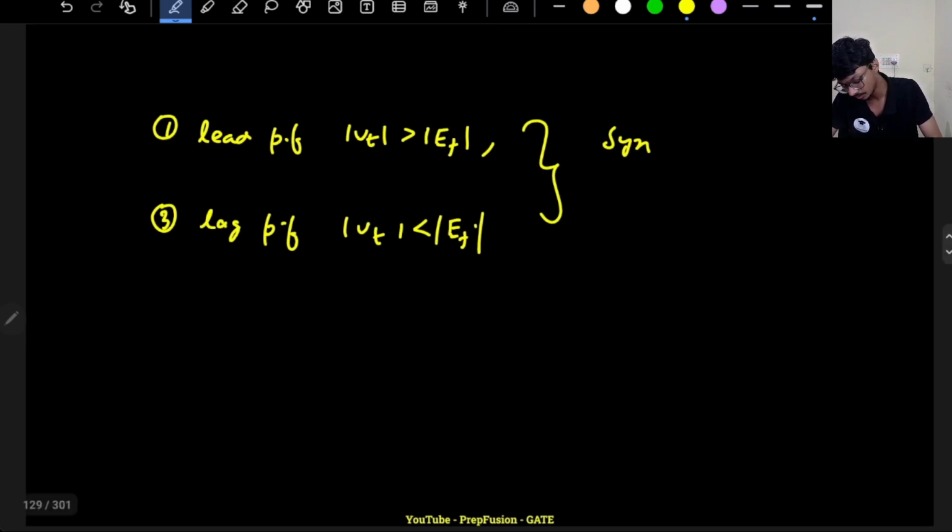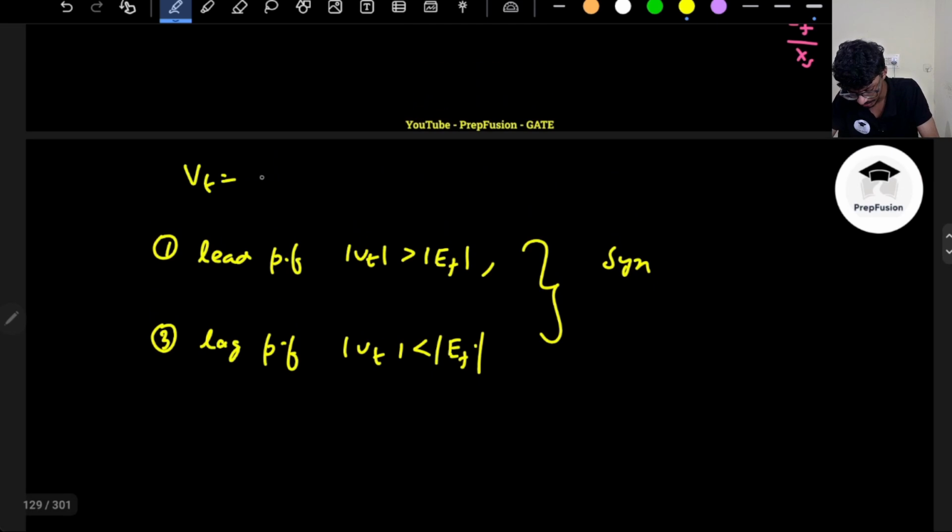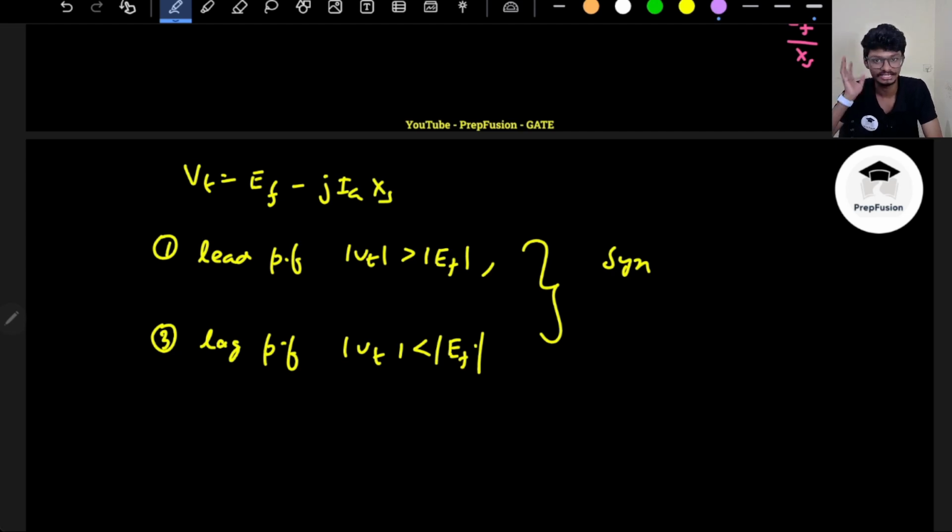Just write down the equation. What is the equation? Vt is equal to Ef minus j Ia Xs, right? So just put the values. You assume the extreme case. Extreme case is what? Zero power factor. Assume zero power factor lead, that means my current will be plus 90.